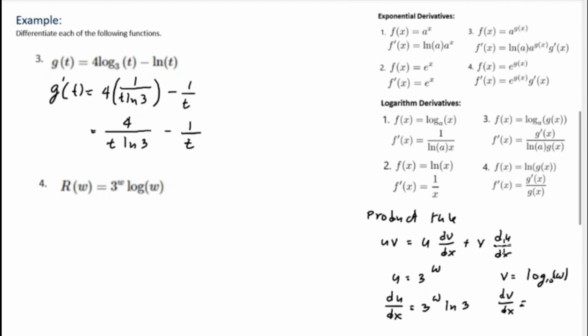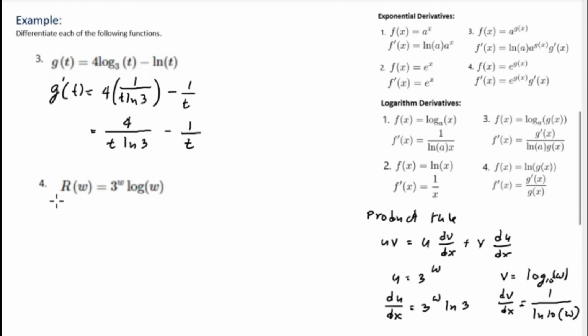The derivative dv/dx is equivalent to 1 all over ln of 10 multiplied by x, which is w.